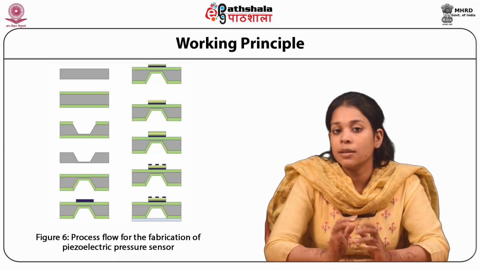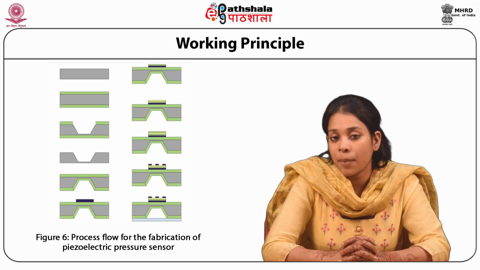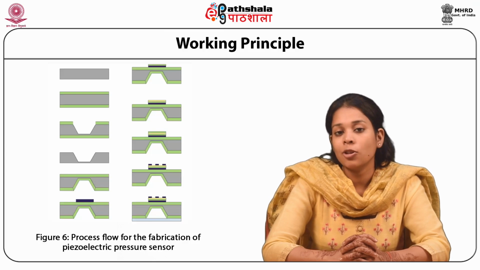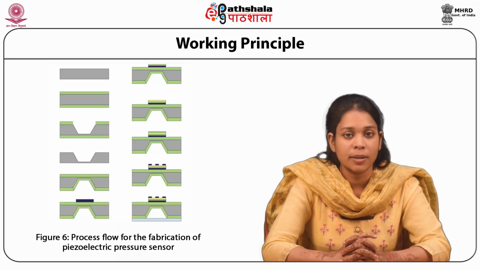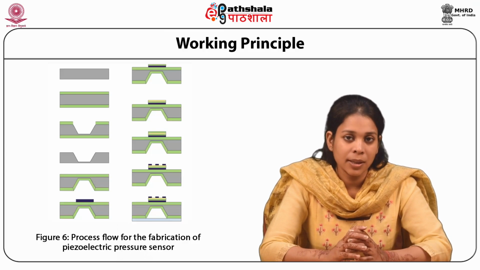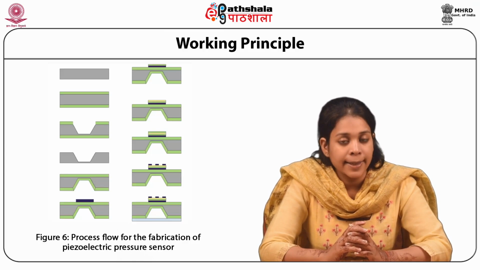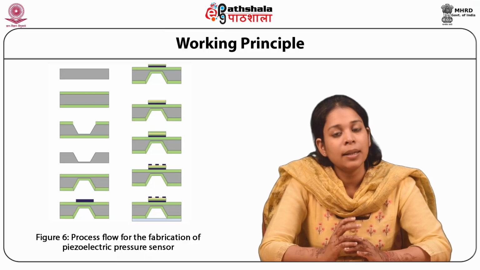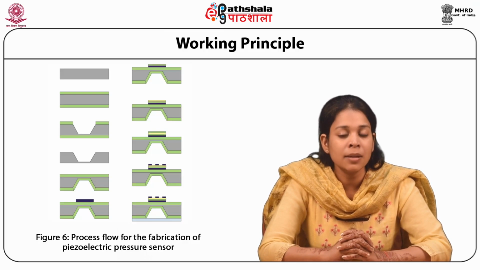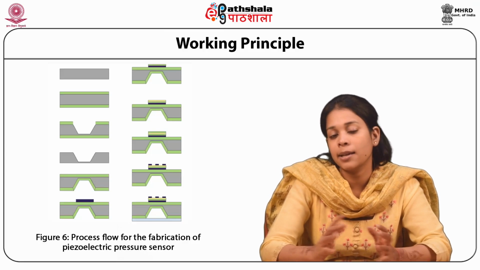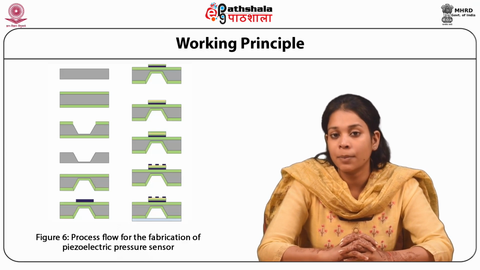After getting the smoother surface on the silicon membrane, which is coated by SiO2, an electrode has been deposited over it. After depositing the electrode, the piezoelectric layer, that is zinc oxide, has been deposited, and then the top electrode has been deposited using photolithography on selected areas of the piezoelectric material.